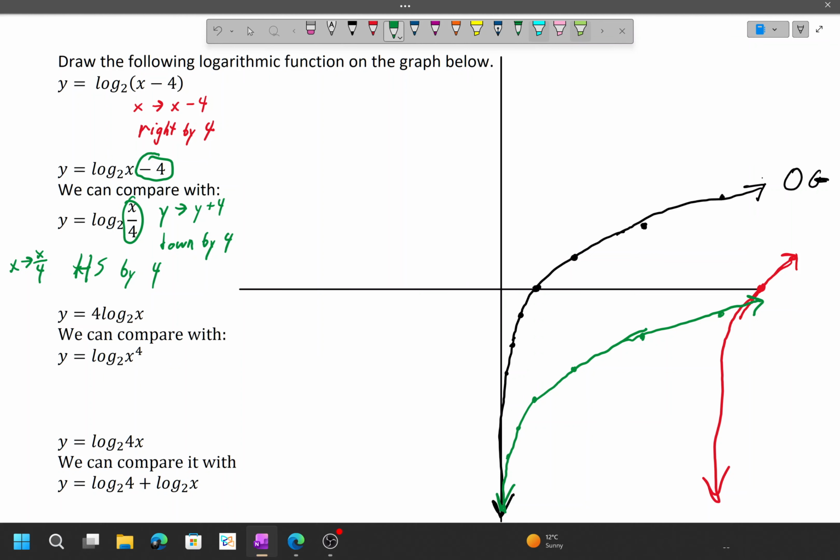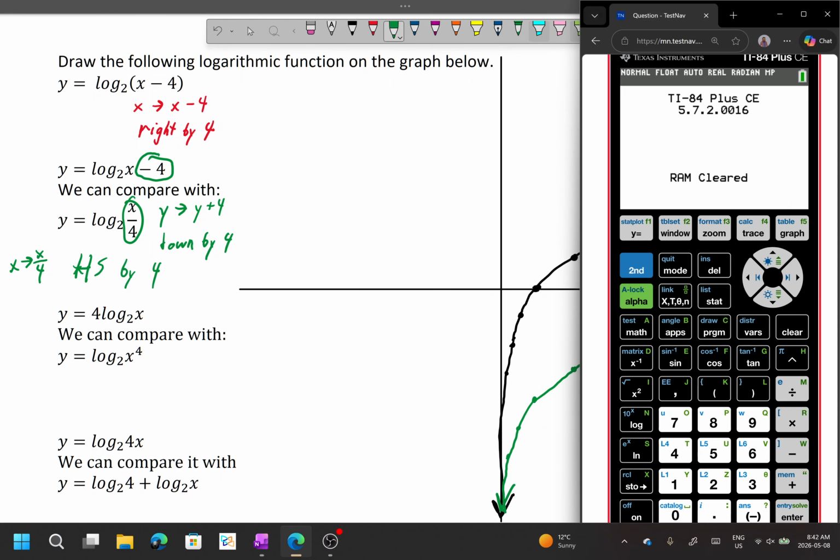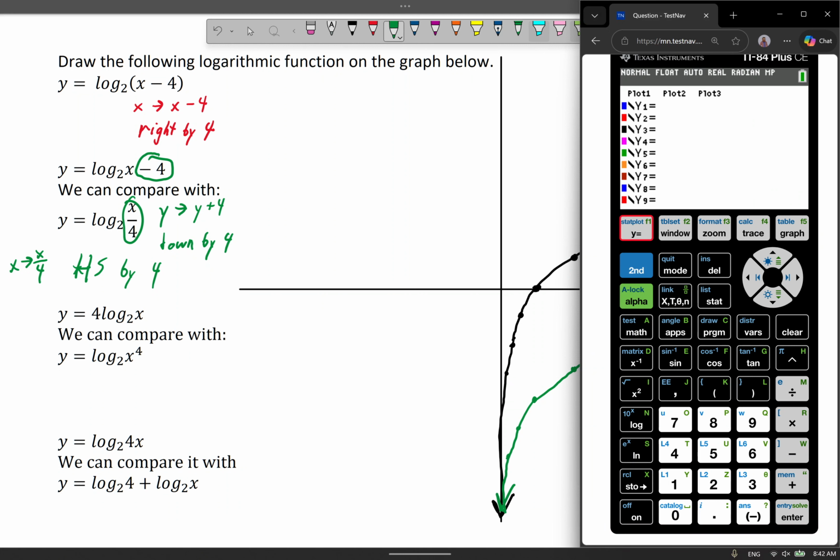No, it isn't quite doing what I predicted. Let's go ahead and actually just try this in our calculator. Sometimes it's just fun to play around with it a little bit and see what's going to happen. So there's one of them, and now we're going to graph the other one, and we're going to compare them and see.